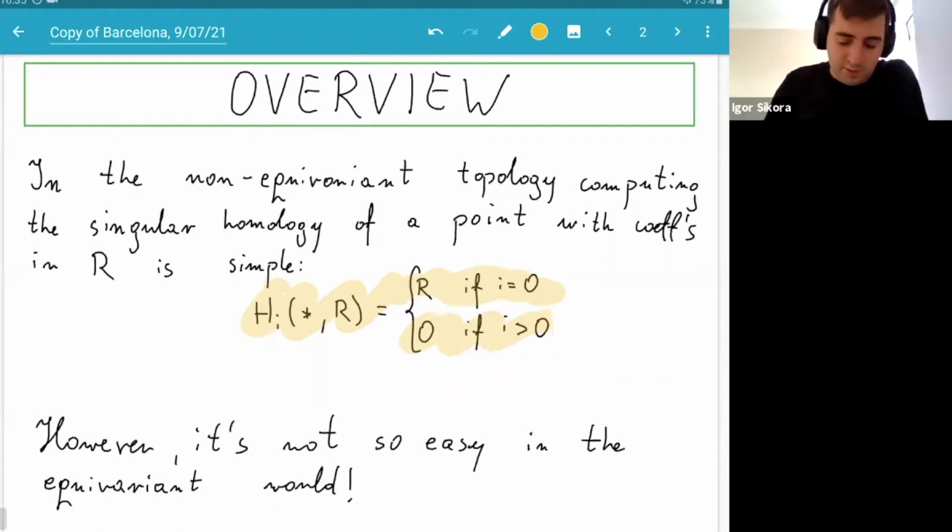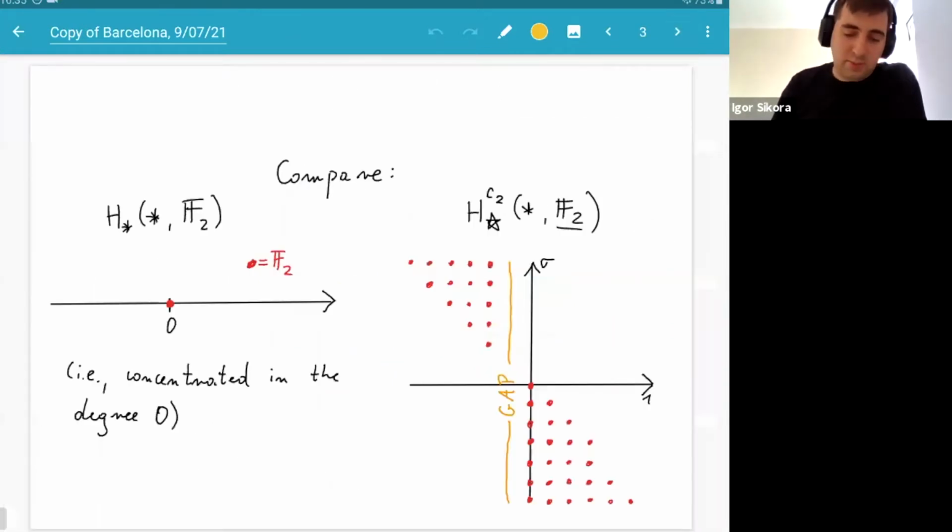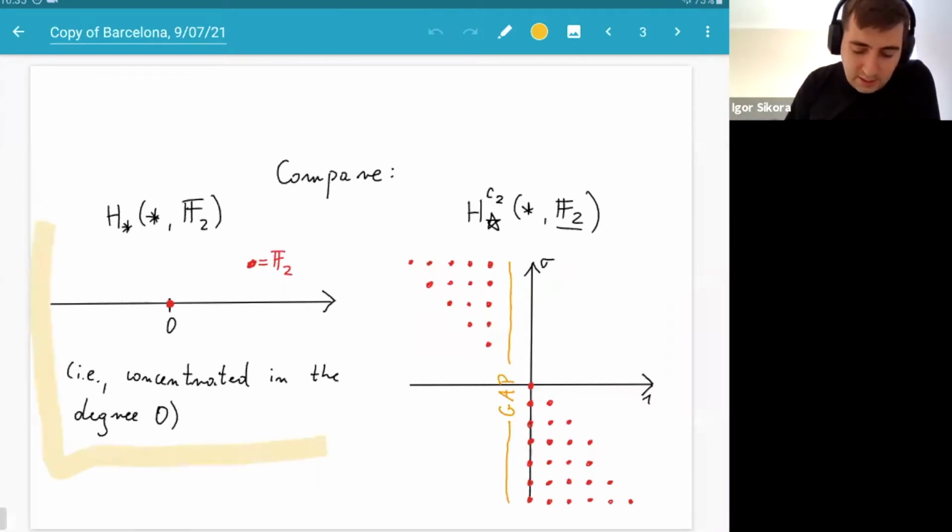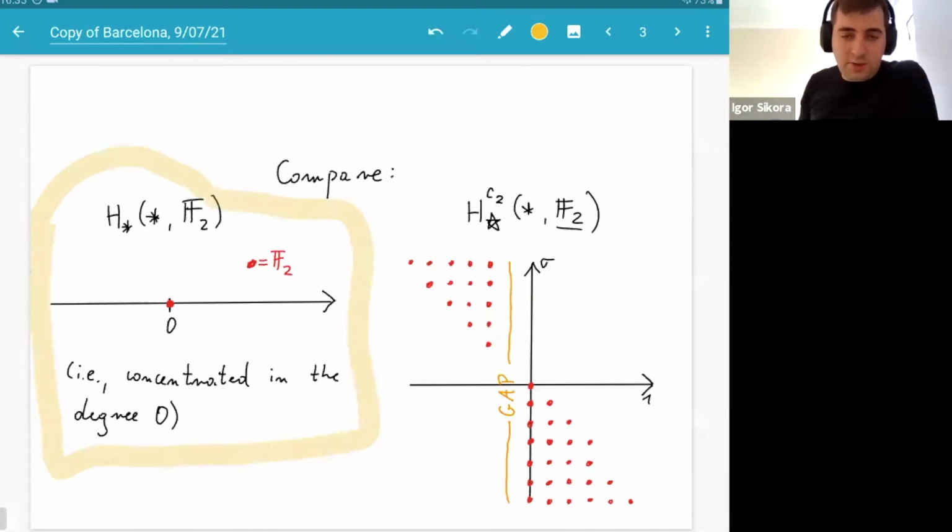And the problem is that it's not so easy in the equivariant world. To see that, we can compare the homology of a point. On the left-hand side, we have just singular homology with coefficients in F2, and it is concentrated in degree 0, no surprise.